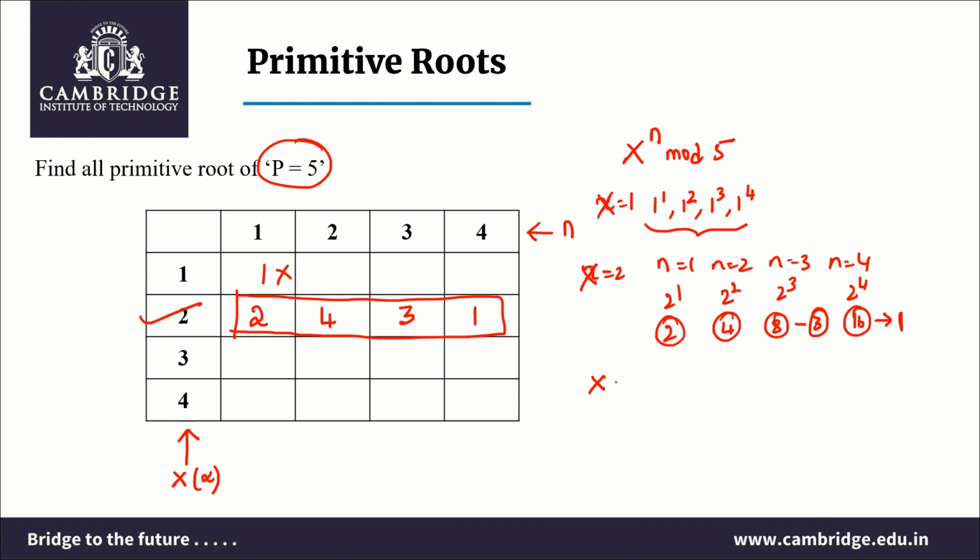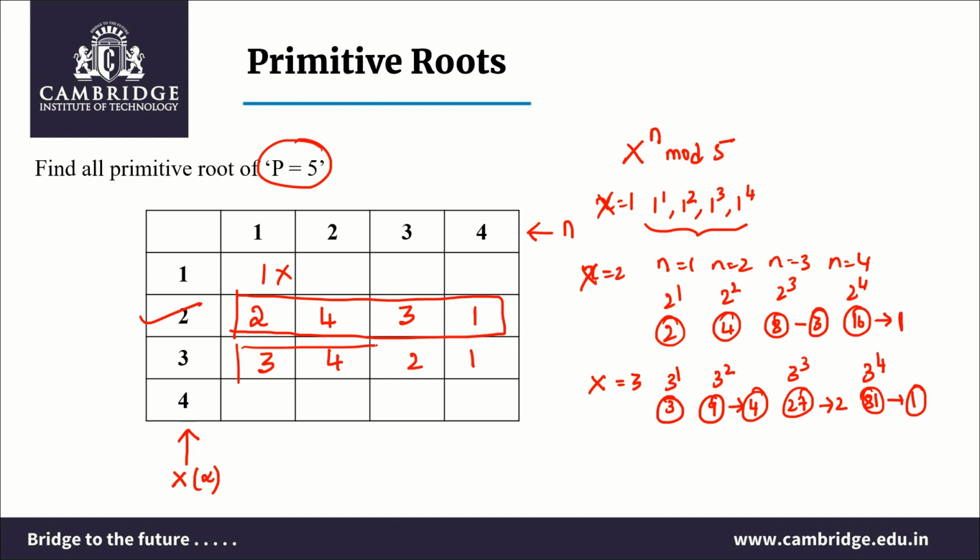Like that, I should do it for x equal to 3 as well. 3 power 1 mod 5 gives 3. 3 square is 9, mod gives 4. 3 cube is 27, mod gives 2. 3 power 4 is 81, and if we take mod of this, we get 1.